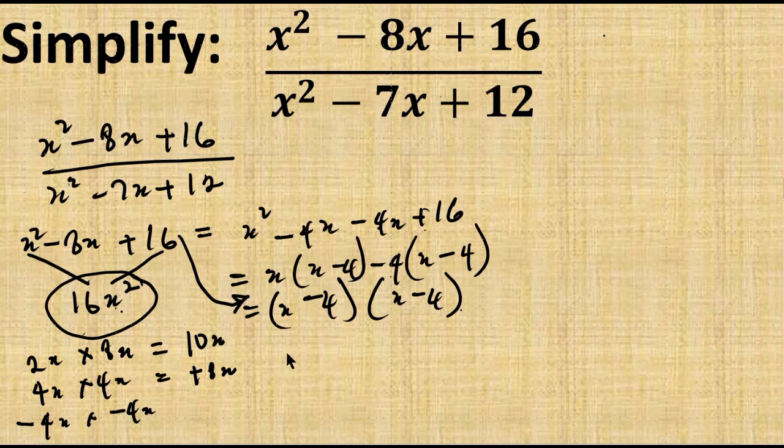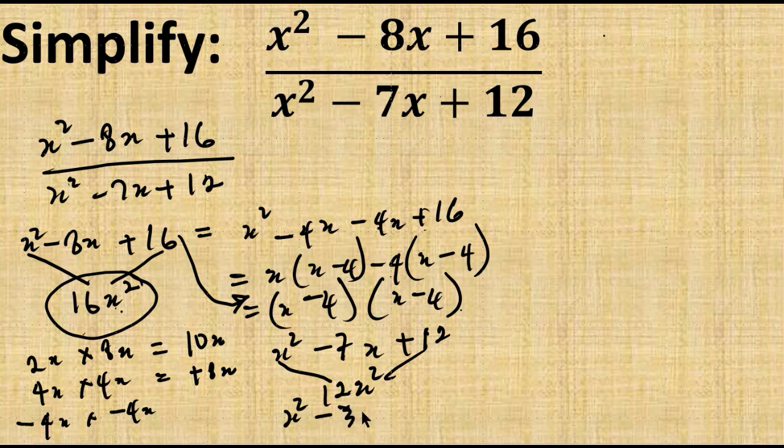Now let's break down x squared minus 7x plus 12 using the same factorization method. I will be picking 12 times x squared, that's 12x squared, and the factors of 12x squared that will conveniently replace minus 7x are minus 3x minus 4x plus 12.